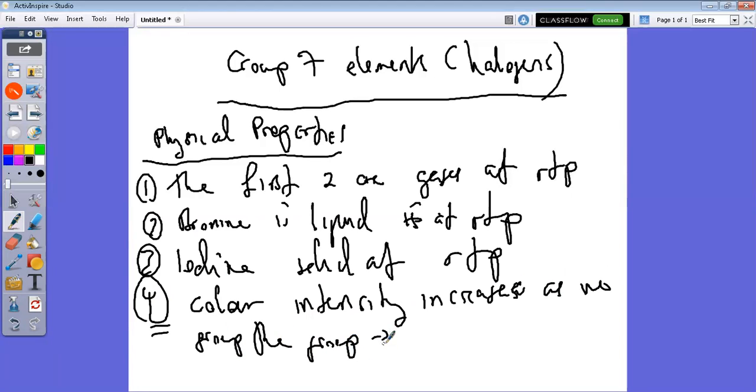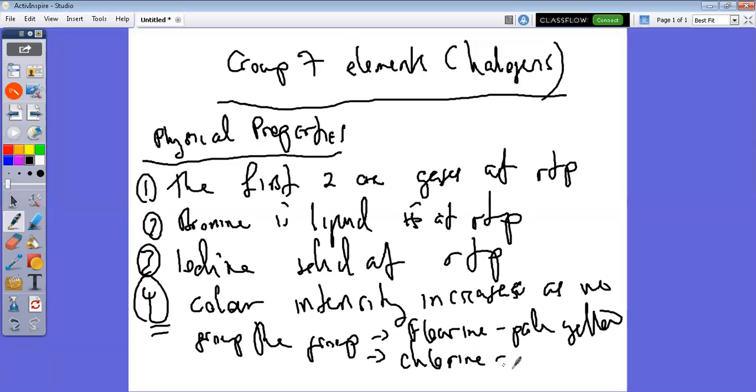So we have to mention that fluorine is pale yellow. It's a faint yellow. Chlorine is greenish yellow.